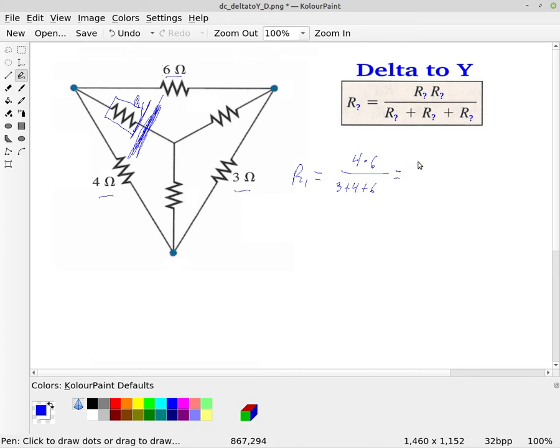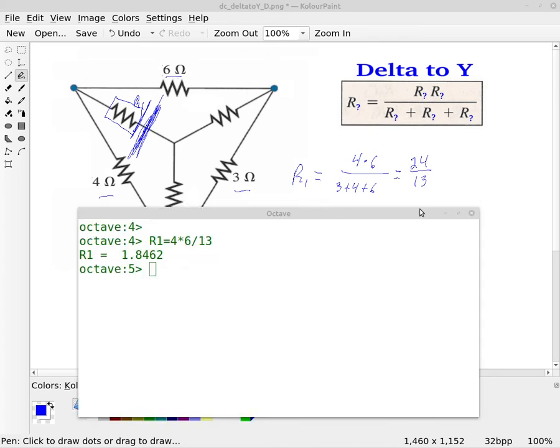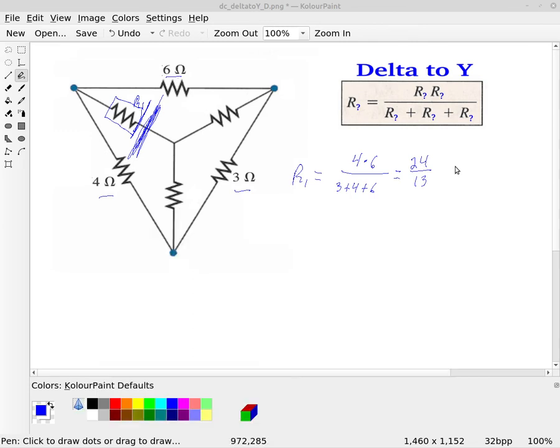Of course, 4 times 6 gives us 24, divided by 13, which gives us 1.8462 ohms. There's no kilo ohms anywhere, so that's just ohms. If we're going to put this in Blackboard, the answer would be 1.85, 3 digits, ohms.